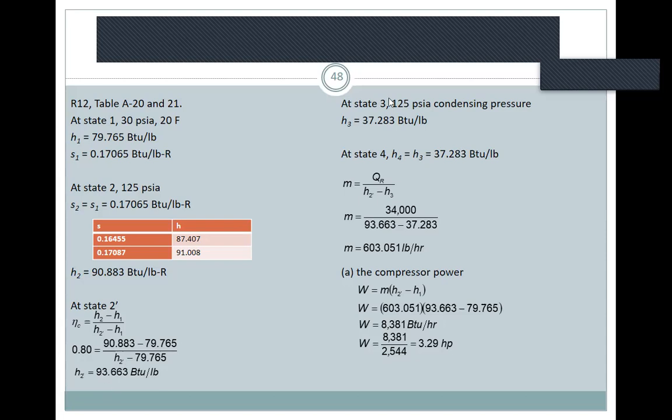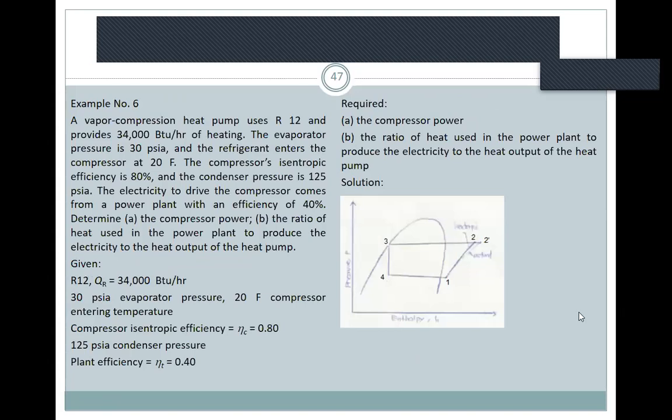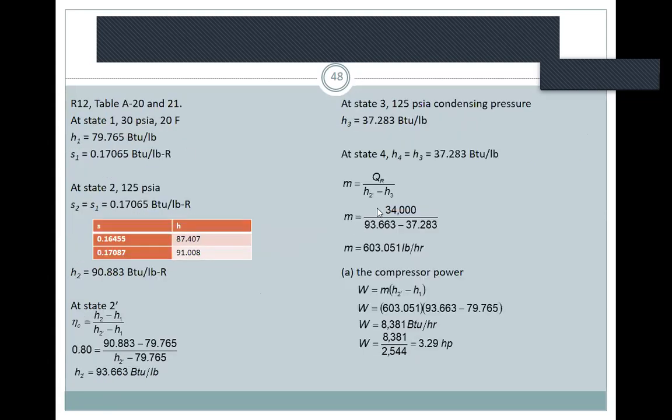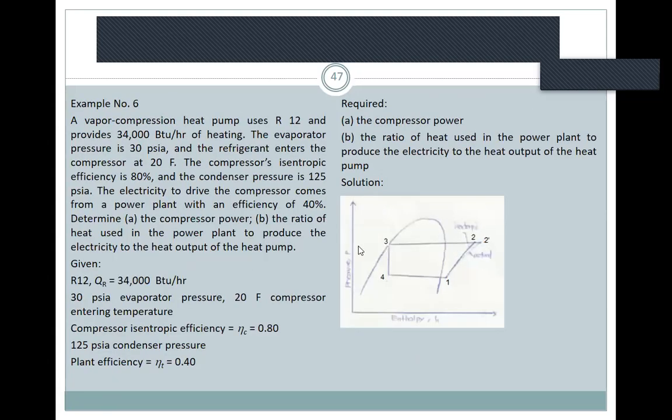Then state 3, 125 condensing pressure. So H3 is equal to H sub f, which is 37.283 BTU per pound. At state 4, H4 is equal to H3. So solve for the mass. Kasi ang equal natin dito is compressor power. So wala, given is ito. Heating. Heating is 2 to 3.